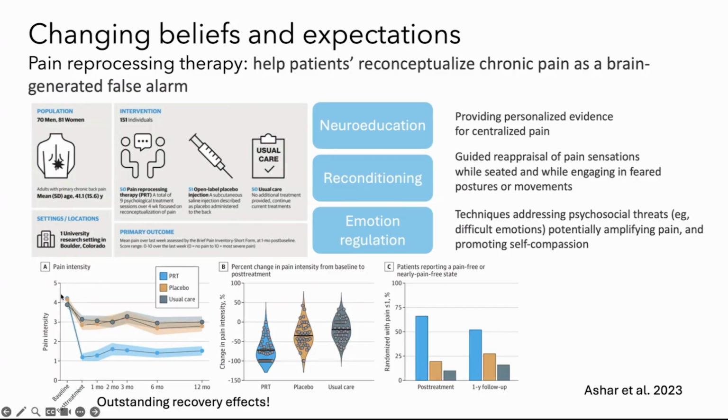What they found, as you can see here on the left, is that the individuals that received this therapy, called pain reprocessing therapy, showed very substantial pain relief compared to patients that either received placebo or their usual care, and this pain relief was sustained over a year.